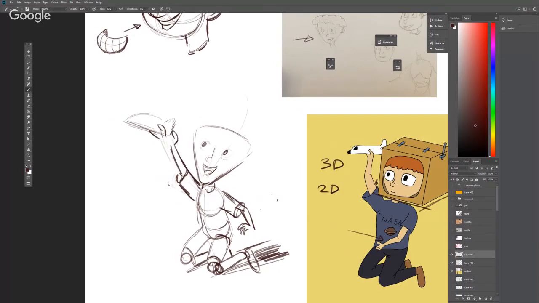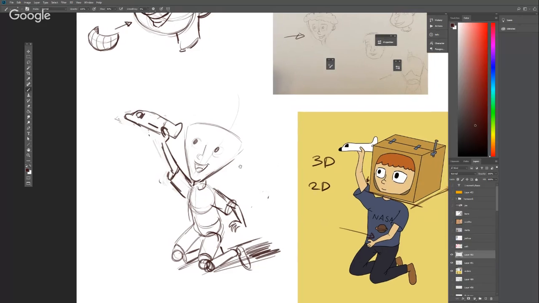And we can let him hold this spaceship. And this shape.